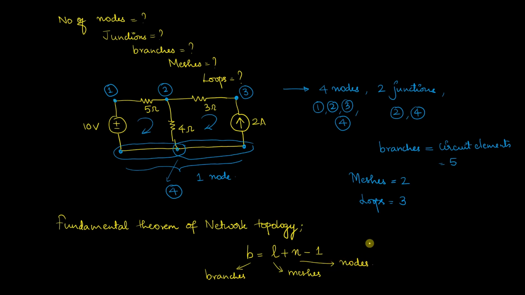So in this example that I gave you, we had 5 branches. So on the left hand side, B is equal to 5. L corresponds to meshes, which is equal to 2, and nodes is 4, minus 1. So on the right hand side also we get 5. So LHS is equal to RHS.